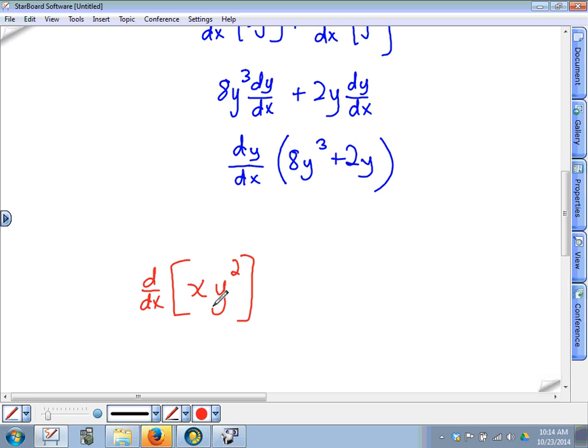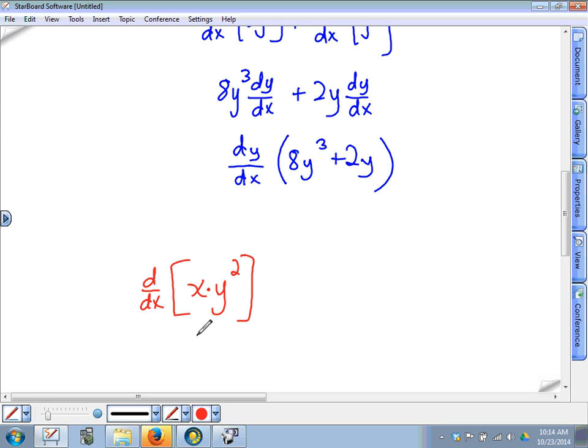What do you think? Do it the same way, but use the product rule, because it's x times y squared.